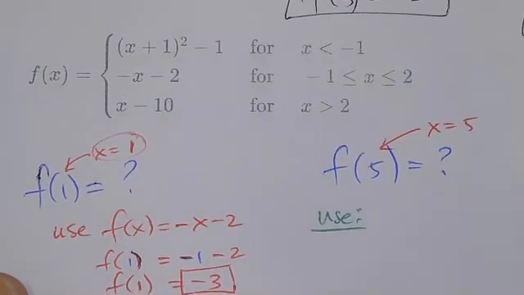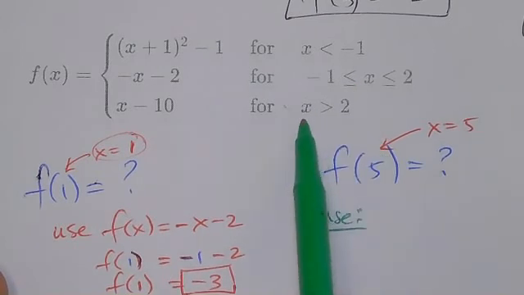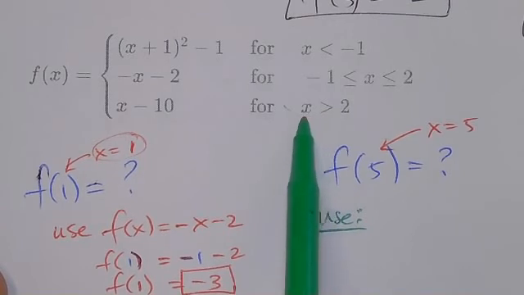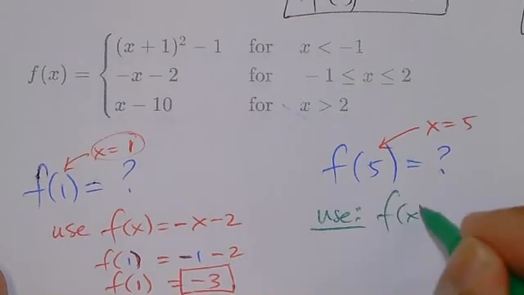Which one are you going to use here? Well, right here I want all the values of x that are greater than 2. Well, 2, 3, 4, 5. So you'd use this one. I'm sorry, it would land here. 5 would land here.